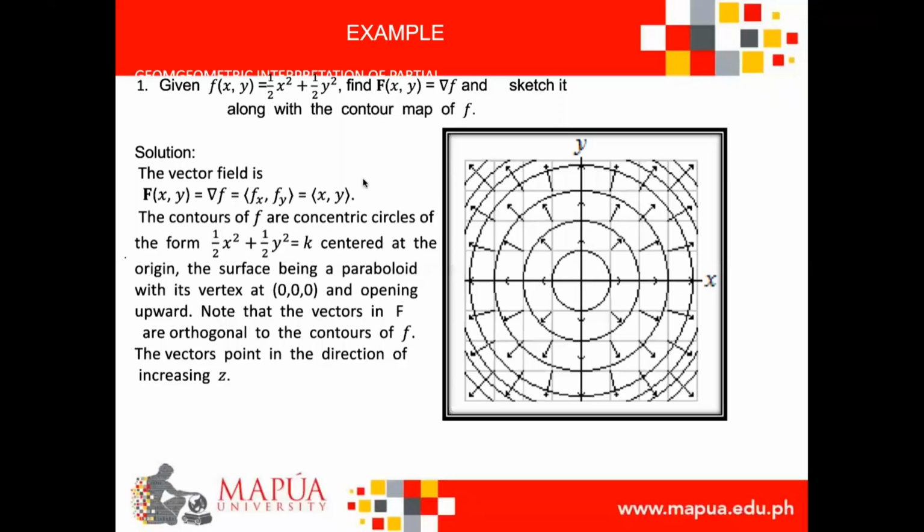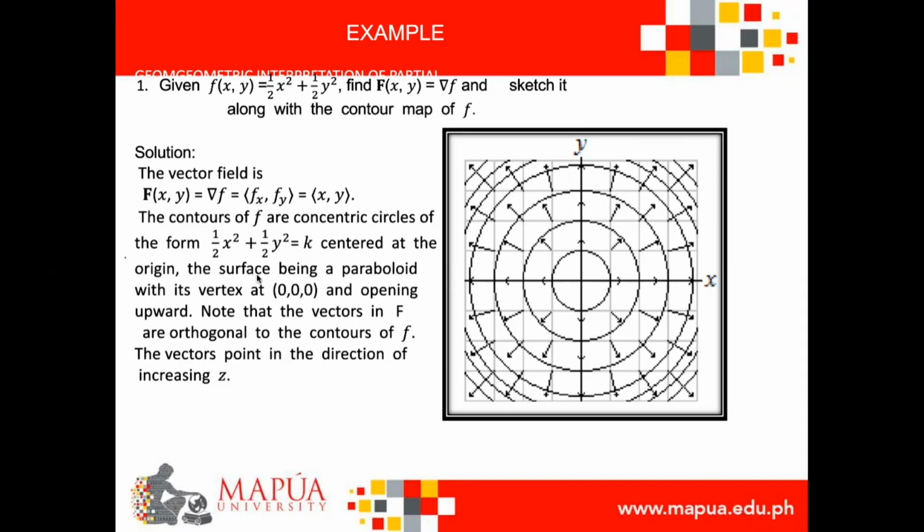I have here another solution of this problem. As you can see, it says here the vector field is F of xy equals del f, or gradient f, equals the partial derivative of the function with respect to x and the partial derivative with respect to y as its components, which is equal to xy. So it is the same as what I found a while ago. Then the contours of f are concentric circles of the form 1 half x squared plus 1 half y squared equals k, centered at the origin, which is also my analysis.